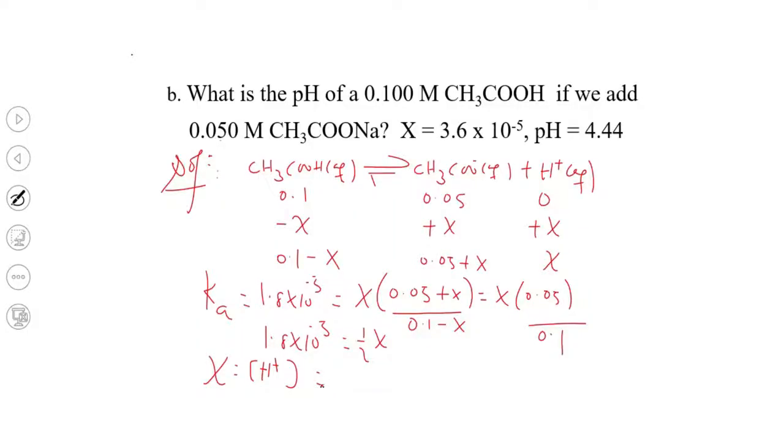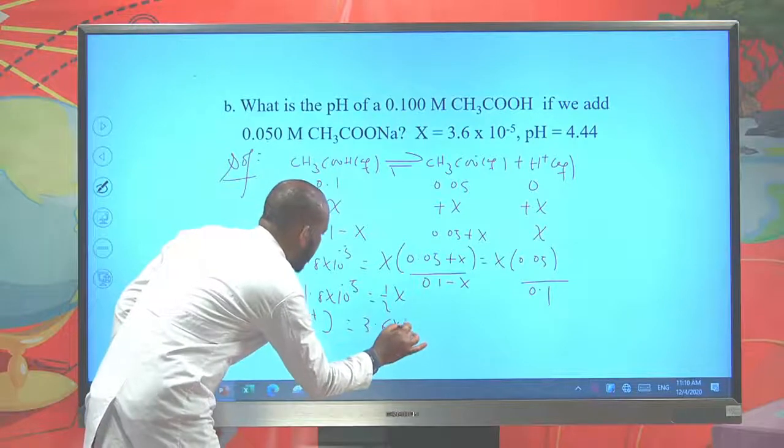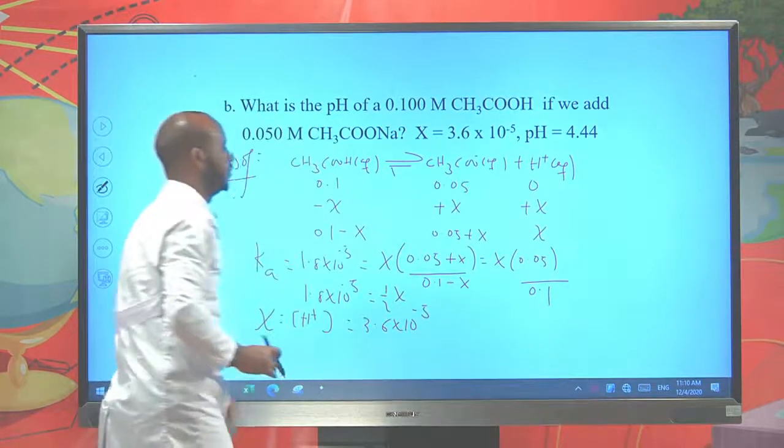This is the H plus concentration, 3.6 times 10 raised to minus 5.